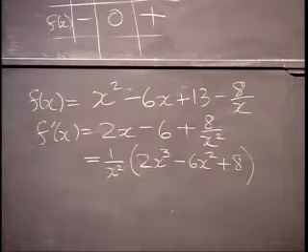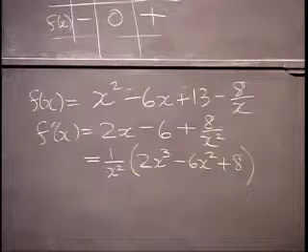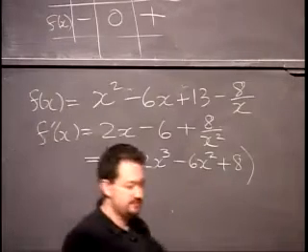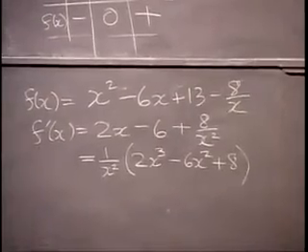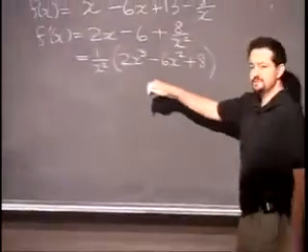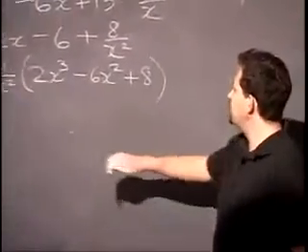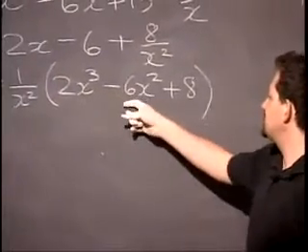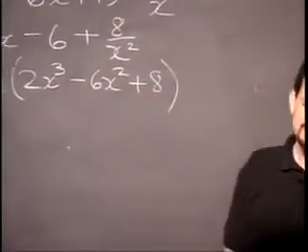And this is a little bit unfortunate, because we have another cubic to solve. So in order to solve this, let's try to guess a root again. Let's try x equals 1. You get 2 minus 6 is negative 4 plus 8. That's no good.